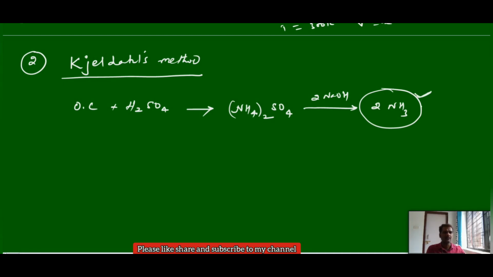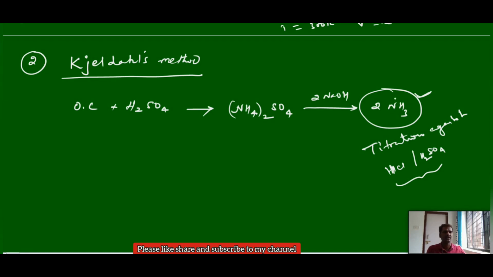So the amount of ammonia liberated can give the information about how much nitrogen is present in the given organic compound. So we have to estimate first the amount of ammonia liberated. This we can estimate by doing a titration, an acid base titration, against acids either HCl or H2SO4. When you do the titration against these acids, you can identify how much ammonia was liberated.